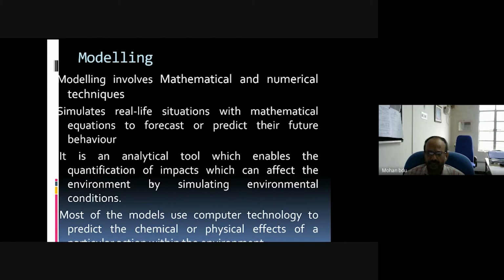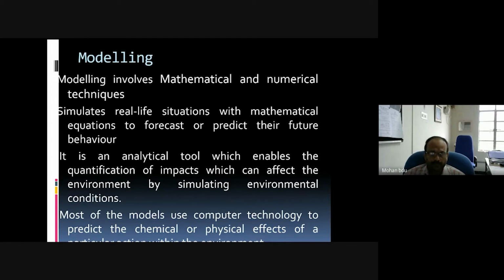The model tries to simulate real world situations with mathematical equations to forecast or predict future behavior. It is an analytical tool which enables the quantification of impacts which can affect the environment by simulating the environmental conditions. As I mentioned, you get more quantitative information compared to the checklist and network method. Here we can really figure out what sort of impact in terms of quantity.